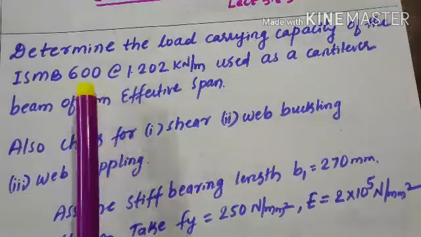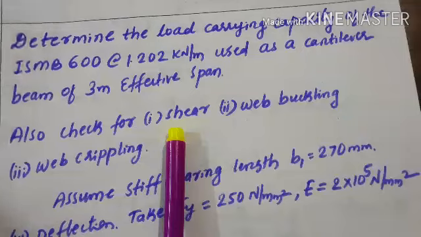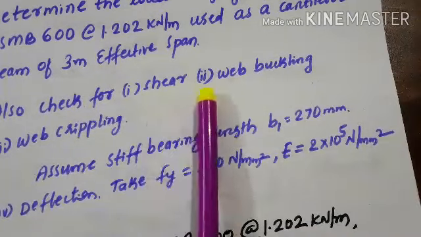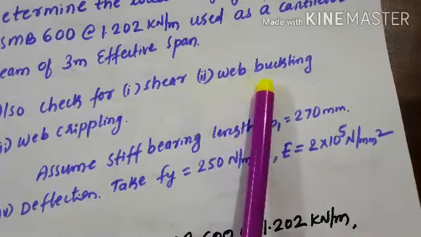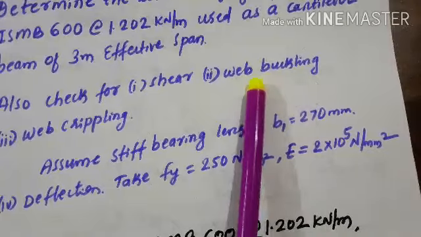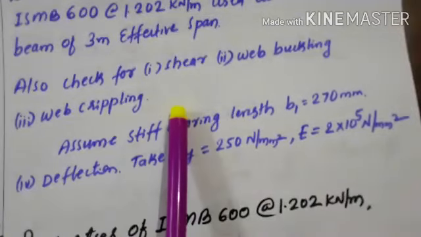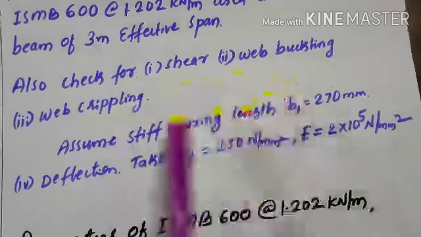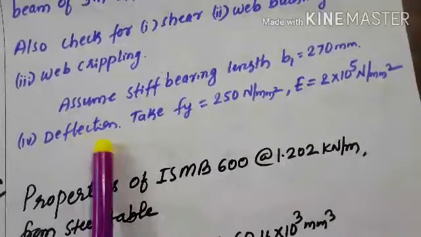For that load you have to check whether it is able to carry the shear, and also what is the strength in buckling, whether it is able to sustain the load. Then web crippling, the crippling strength is to be calculated. Then finally you have to calculate the deflection.